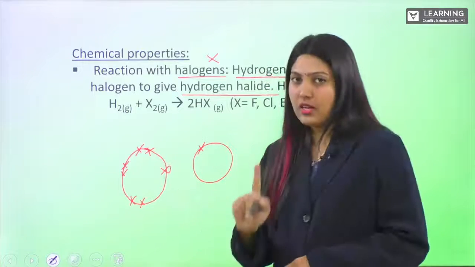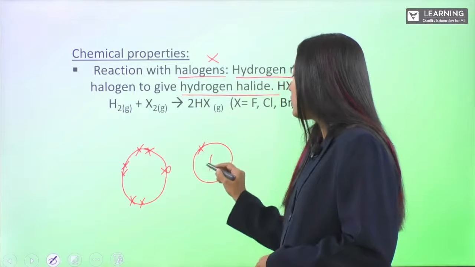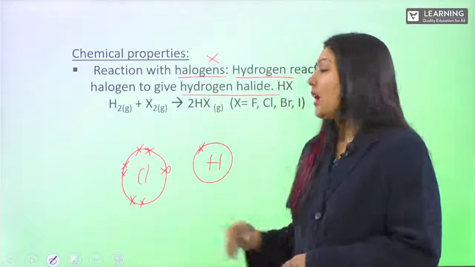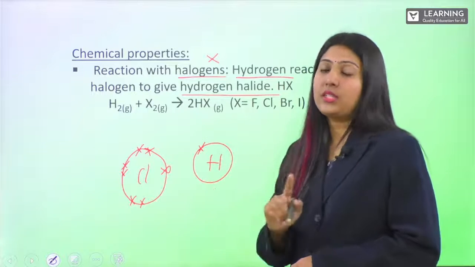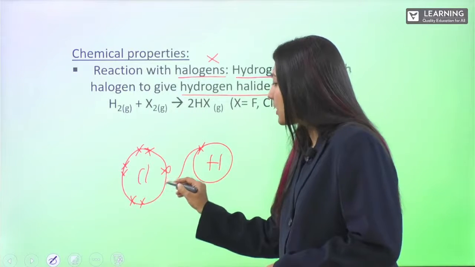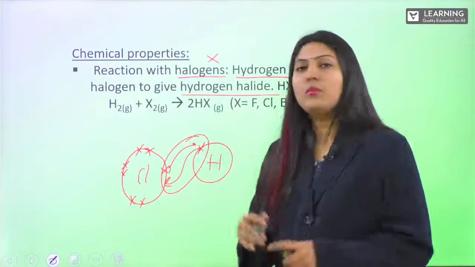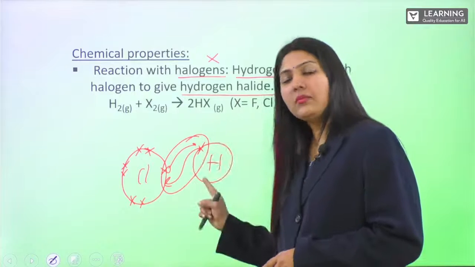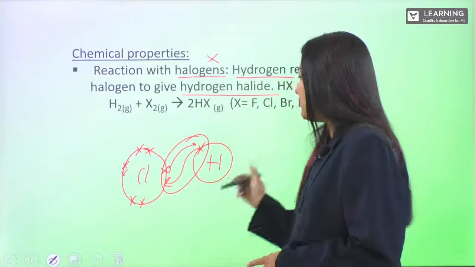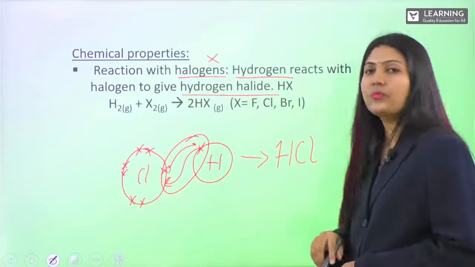Chlorine requires one more electron to attain stability, and hydrogen also requires one electron to attain stability. So they combine together, share the electrons and become a molecule. One atom of hydrogen reacts with one atom of chlorine to give one molecule of hydrochloric acid.